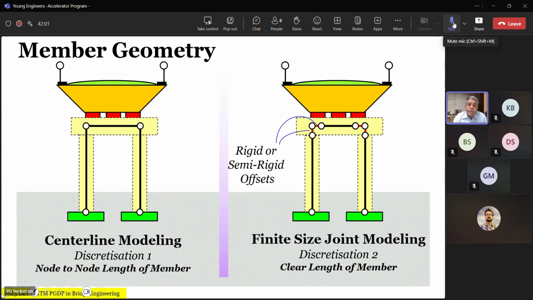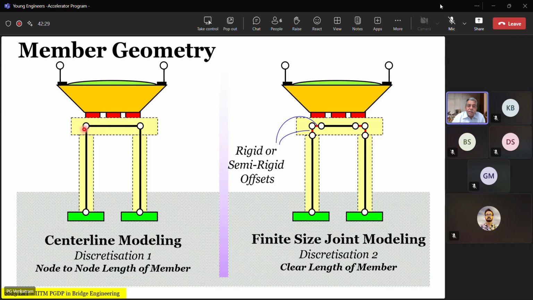But what about EI by L for the column member? So which is correct? Right?